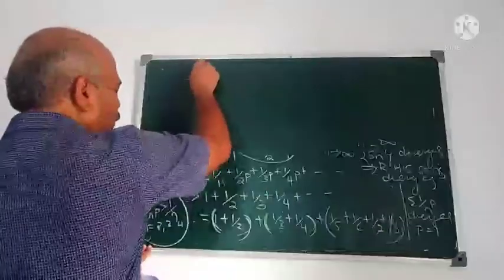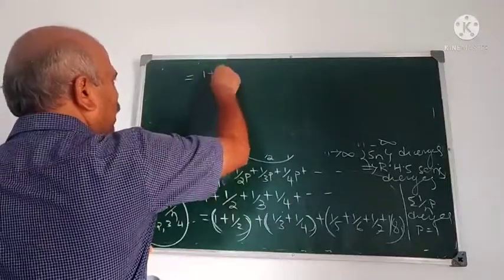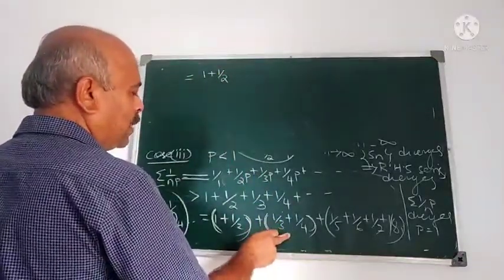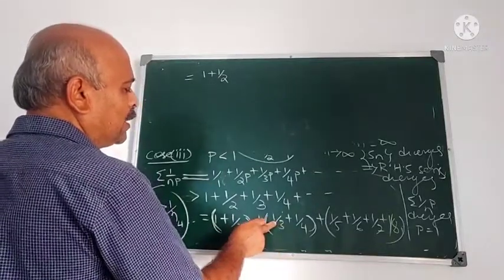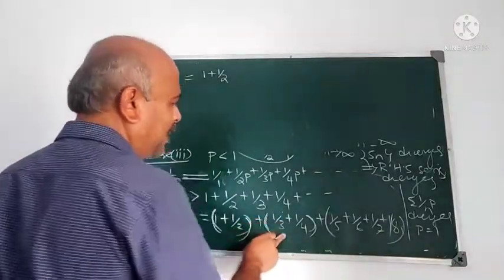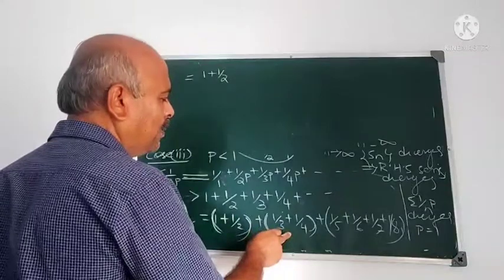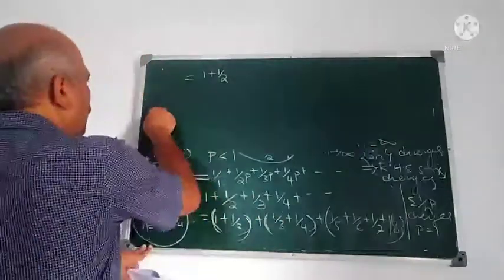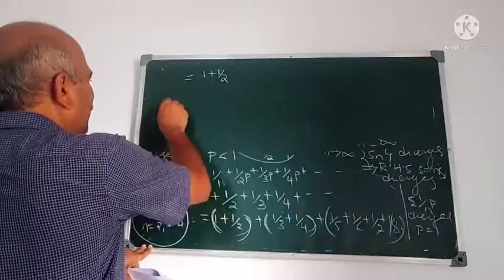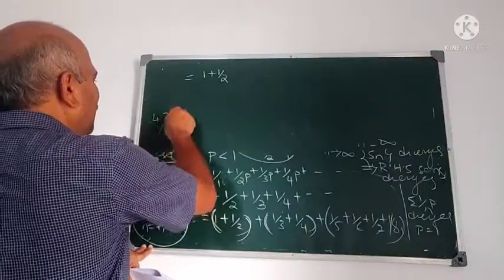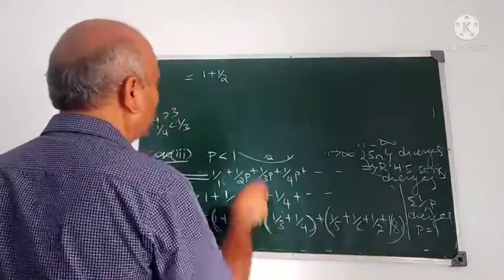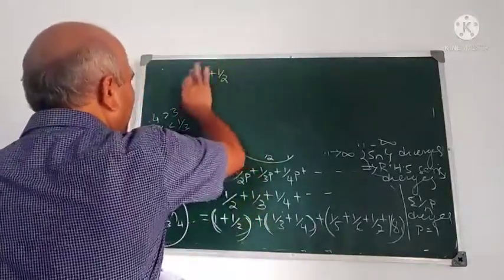So it is 1 plus 1 by 2. Again, this is important. What is that? 1 by 3 is greater than 1 by 4, correct? 4 is greater than 3, so 1 by 4 is less than 1 by 3, or 1 by 3 is greater than 1 by 4. Therefore, I write it is greater than.